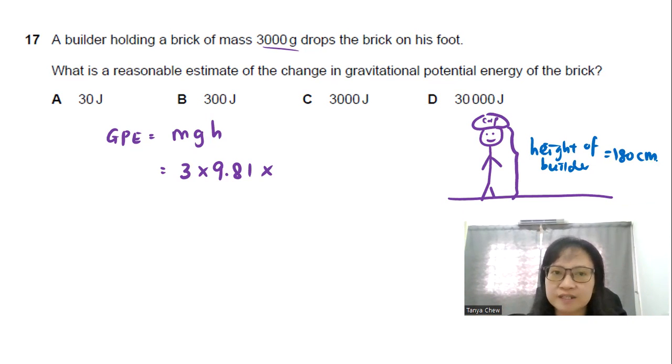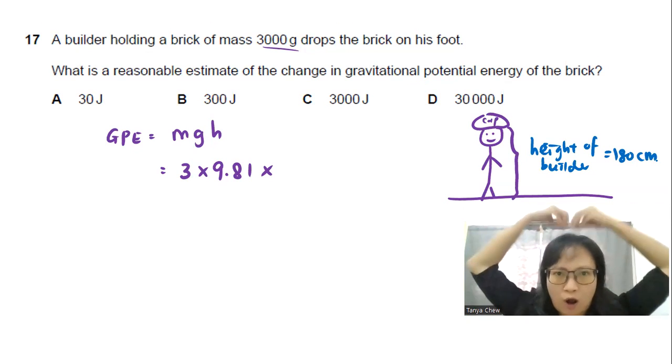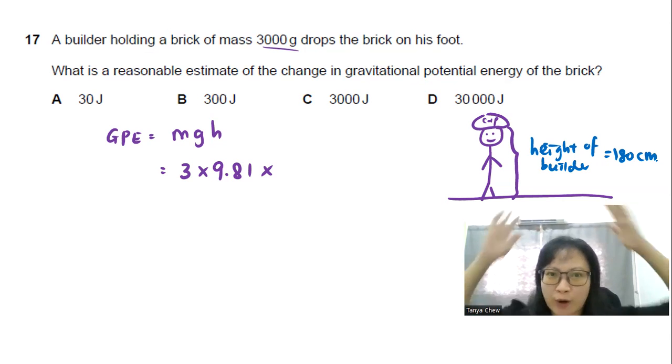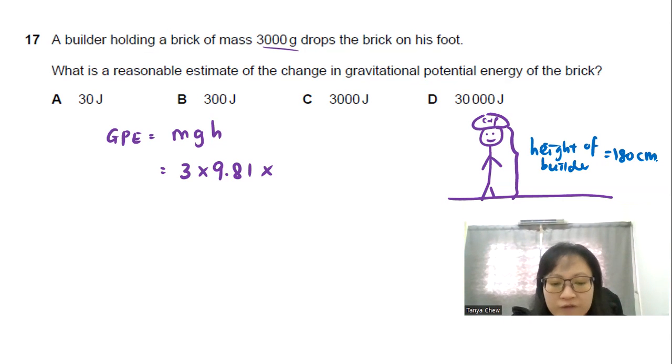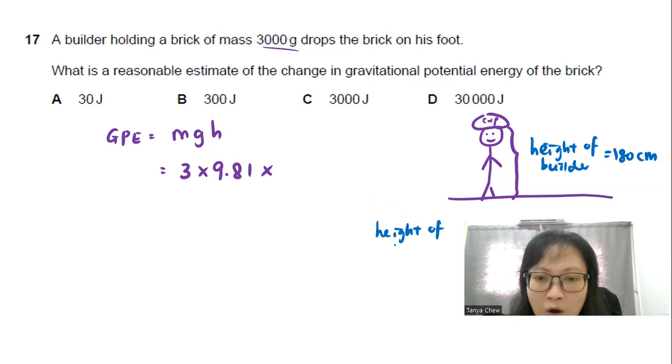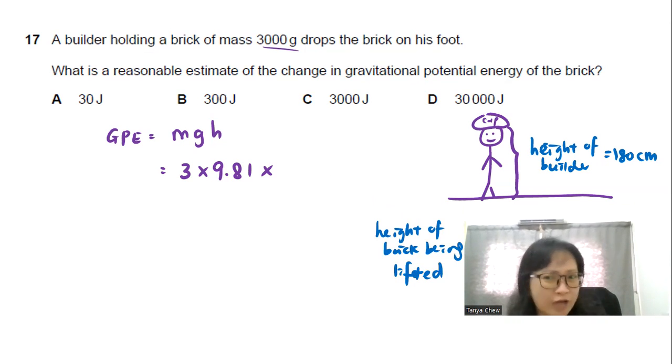And when the builder is lifting the brick, I don't think that the builder will lift the brick and put it on top of his head, right? That is not possible. Maybe he will lift the brick to half of his height. So I would say the distance the brick is being lifted is maybe half of the height of the builder, maybe 90 cm.